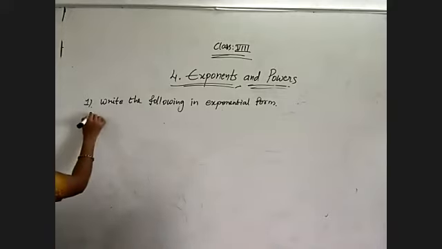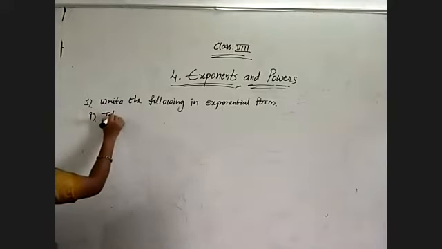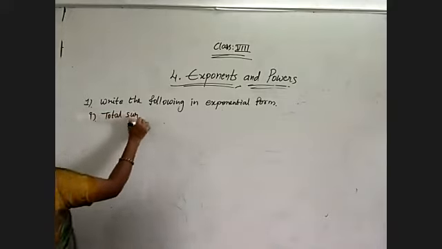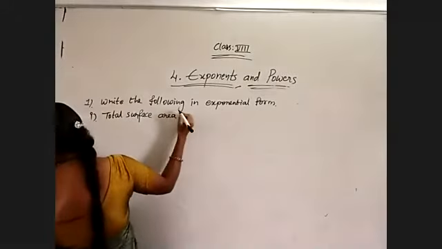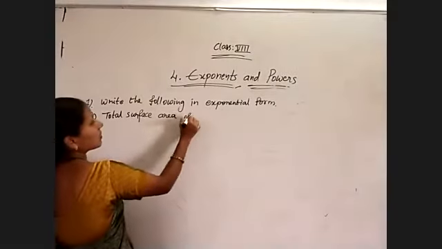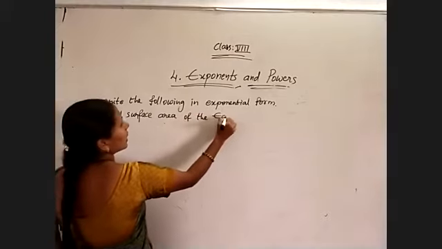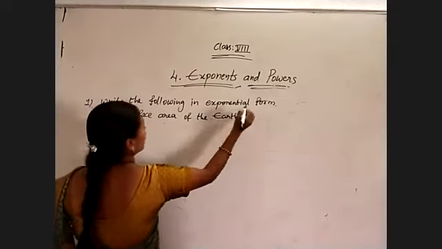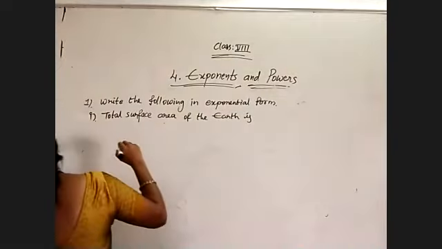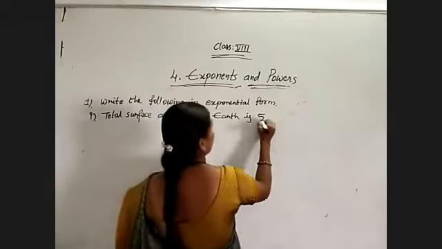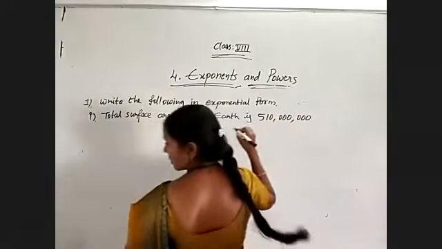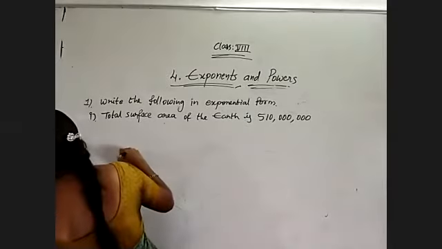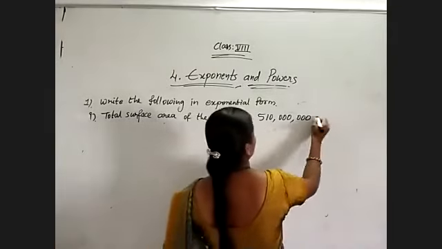The first one: the total surface area of the earth is approximately 510 million square kilometers.